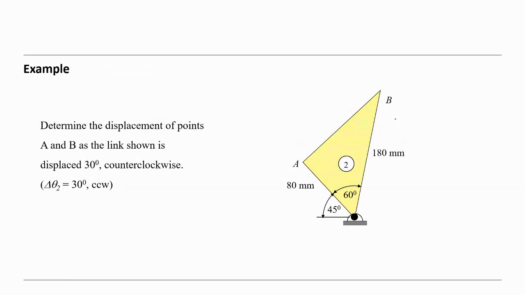So let's have an example. Determine the displacement of points A, B. Let's have another color here. The red one is better. So determine the displacement of points A, this one here, and B is here.